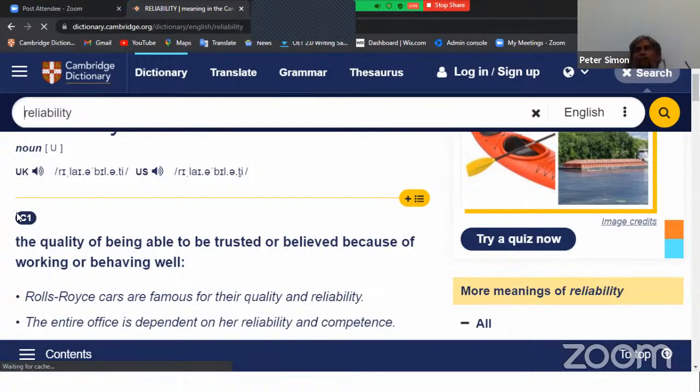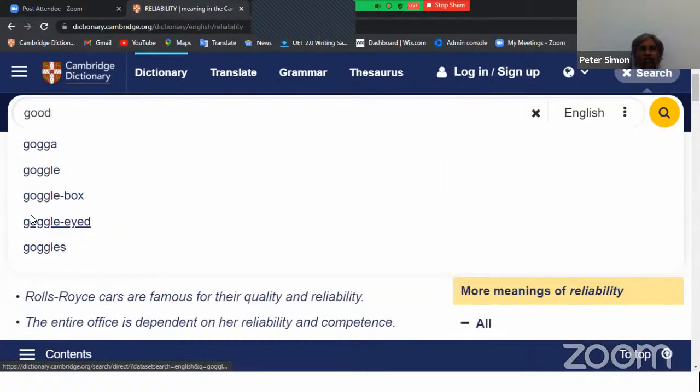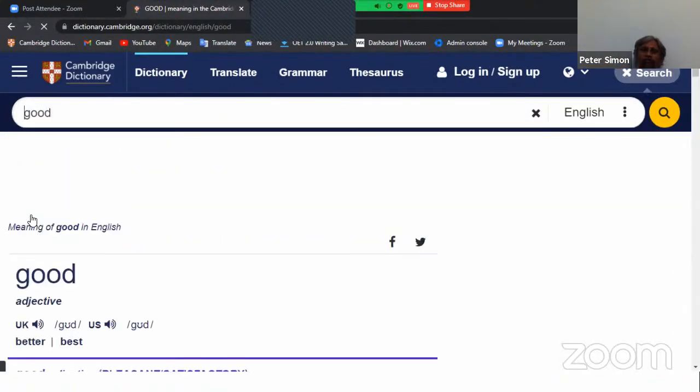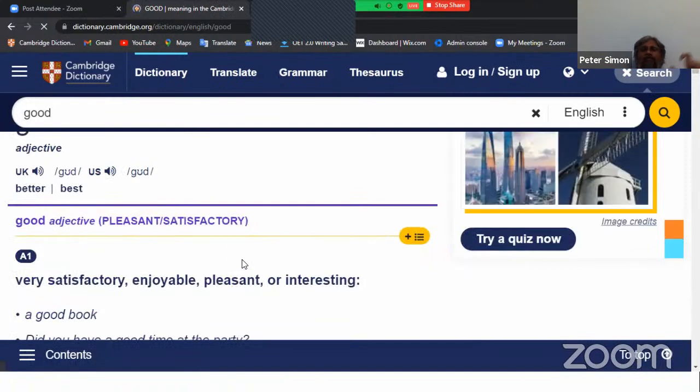C1 means upper intermediate. Intermediate level means B grade, the 350 pass mark is B grade. Many people, when they're speaking, say it's good. Good is A1 vocabulary.